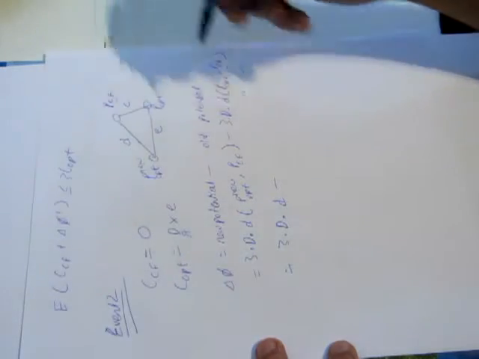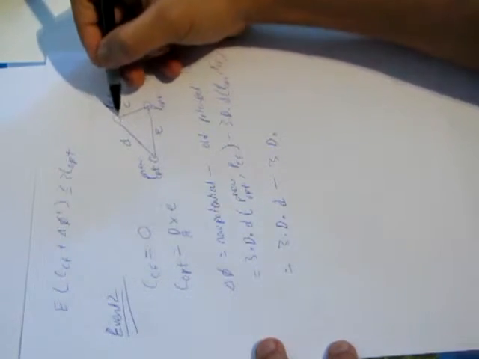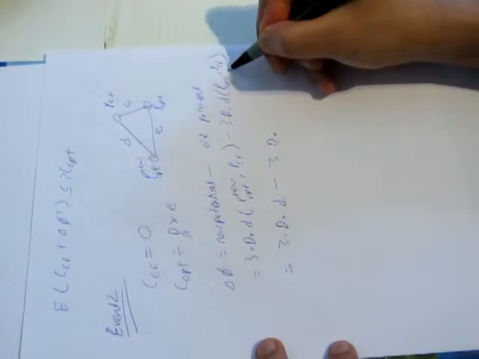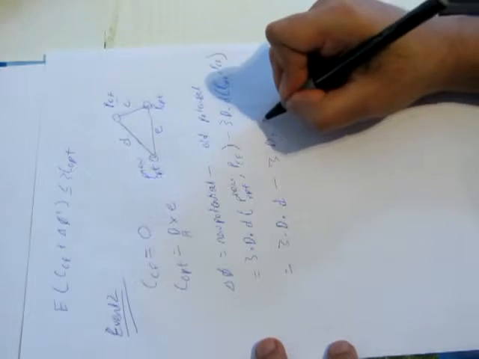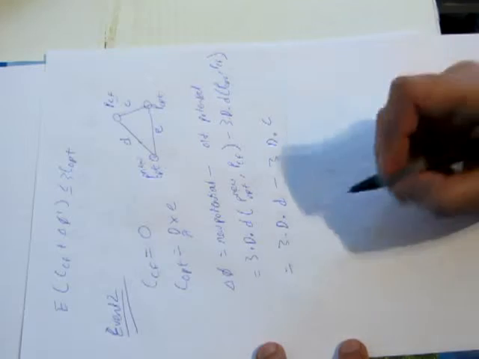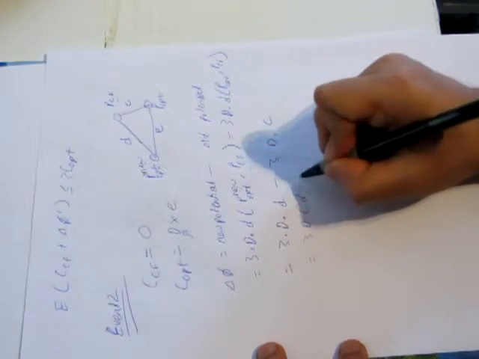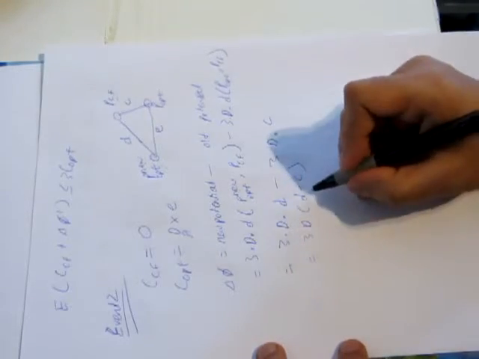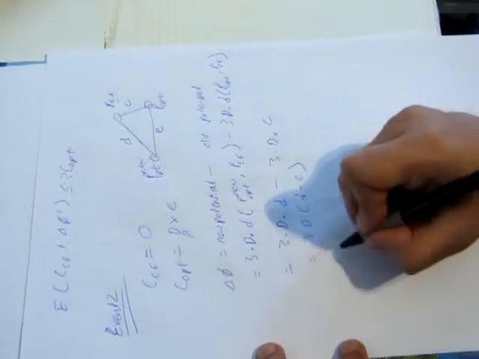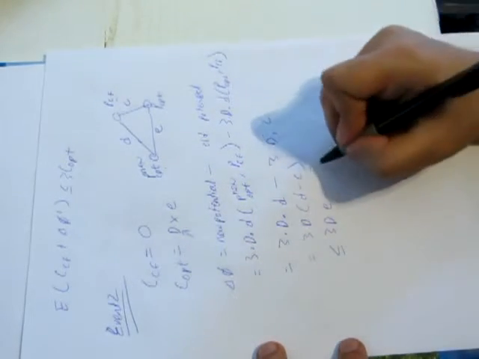And the old potential is 3D, and this edge is C because it's OPT to CF, so it equals 3D times (D minus C), and using the triangle inequality, D minus C would be less than or equal to E, so this is less than or equal to E using the triangle inequality.